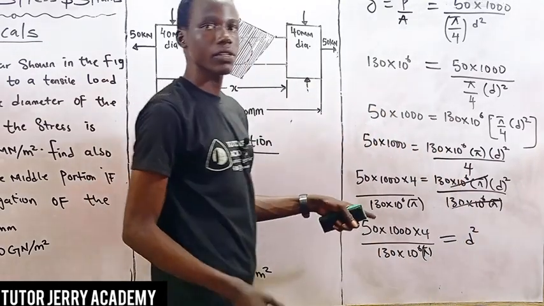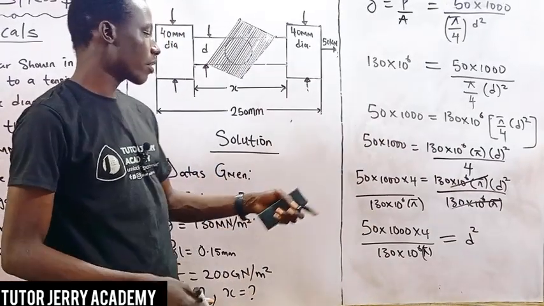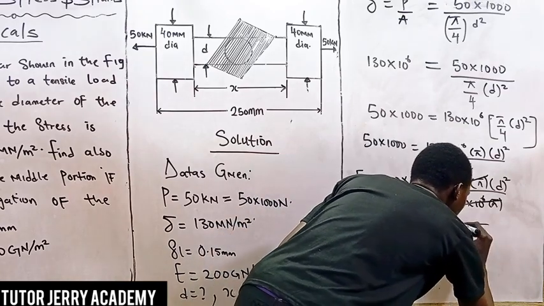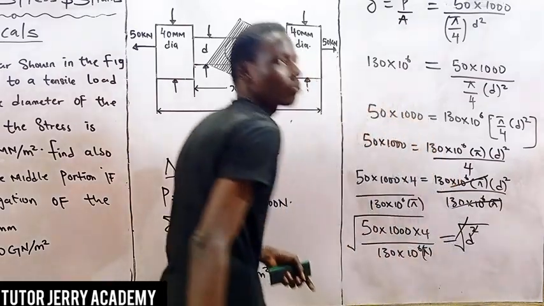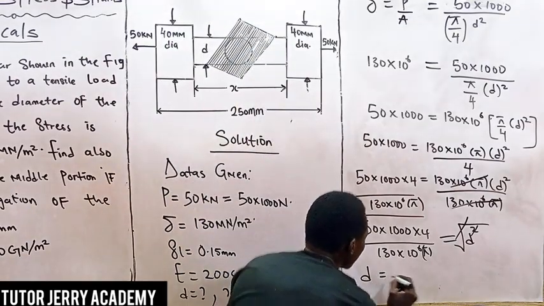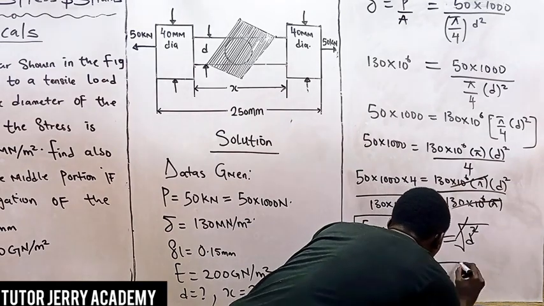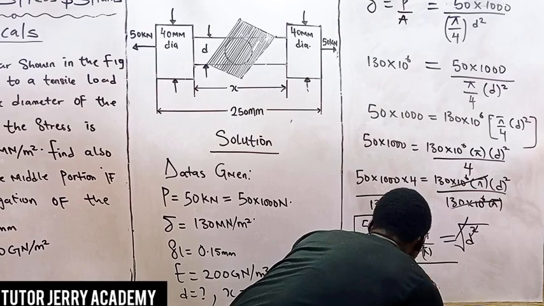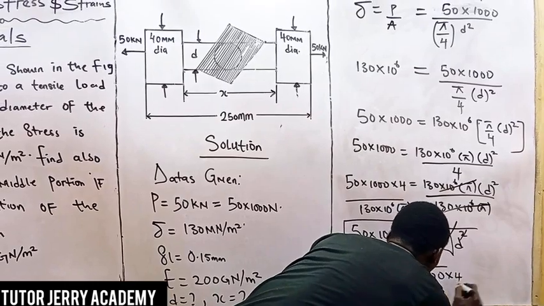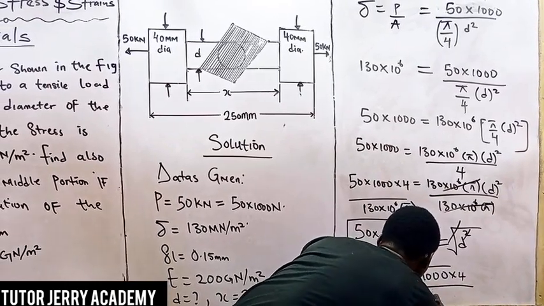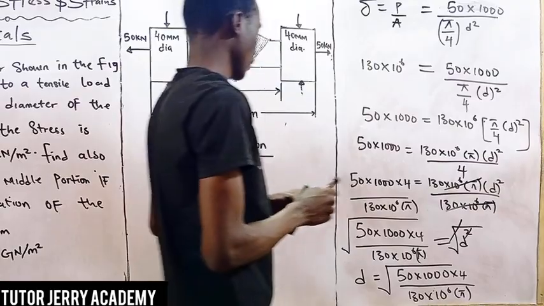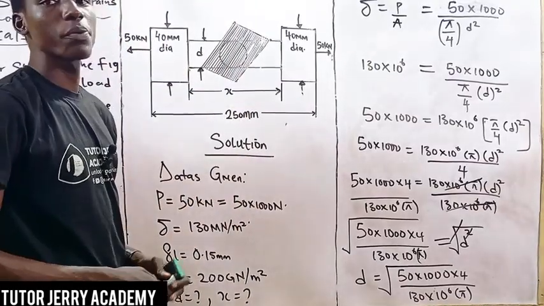Now, of course, I can take the square root of both sides. So I'll be having D equal to the square root of 50 times 1000 times 4 all over 130 times 10 to the power of 6 times pi.